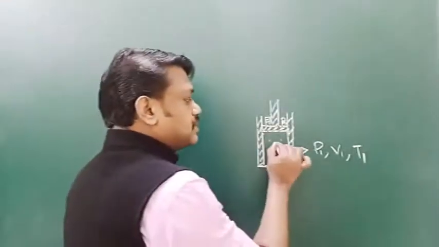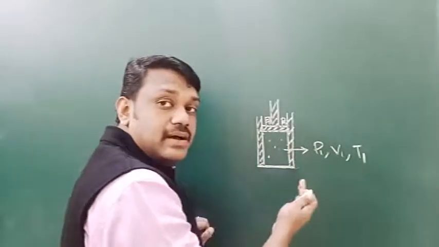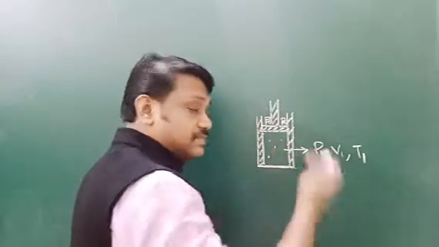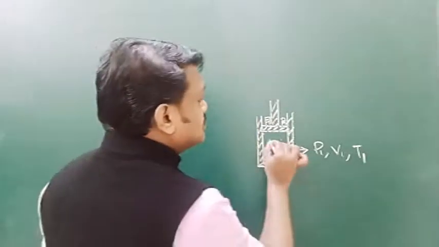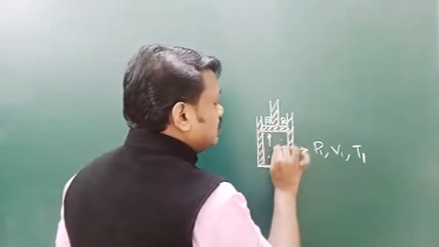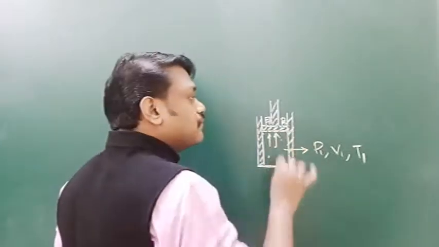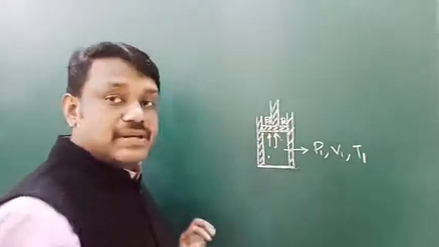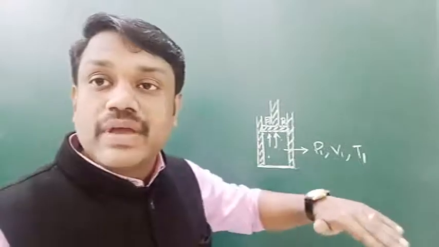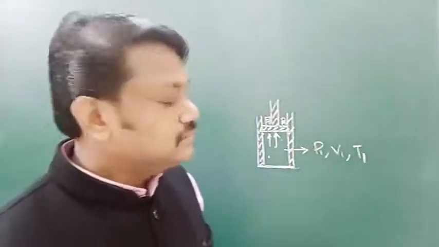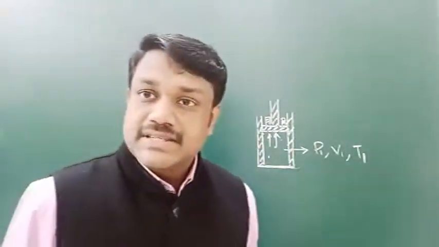When the pressure P of the ideal gas acts on this piston, but weights are placed on it, the piston can't move in the upward direction. That means the pressure is not doing any work.